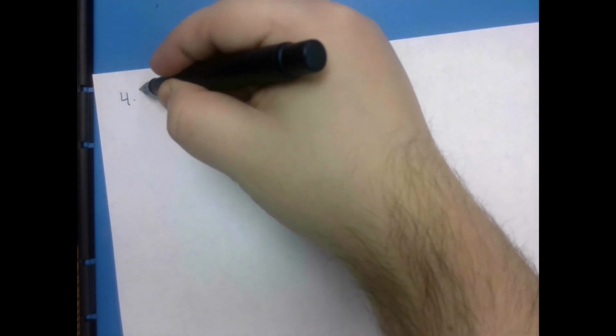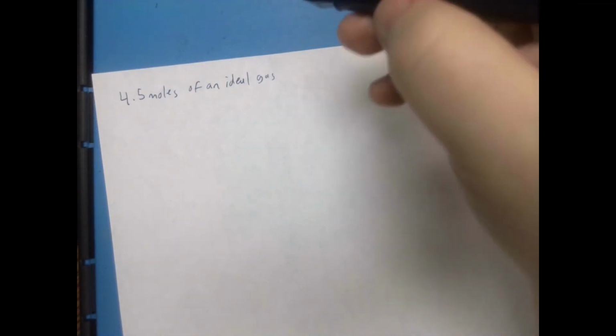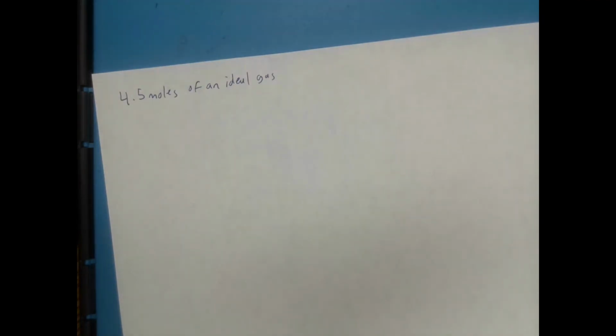So let's do another problem. 4.5 moles of an ideal gas. The beauty of ideal gases and doing this is we don't have to specify mass.